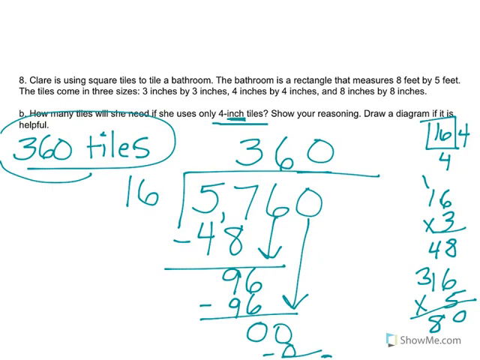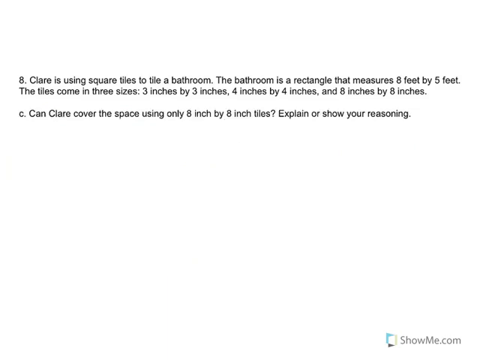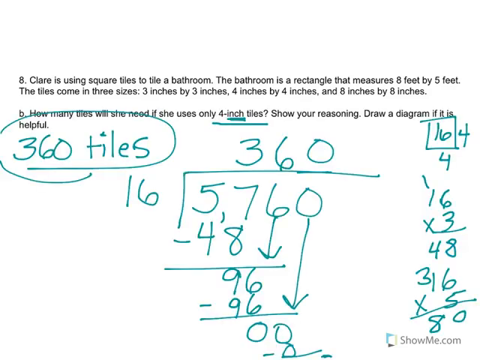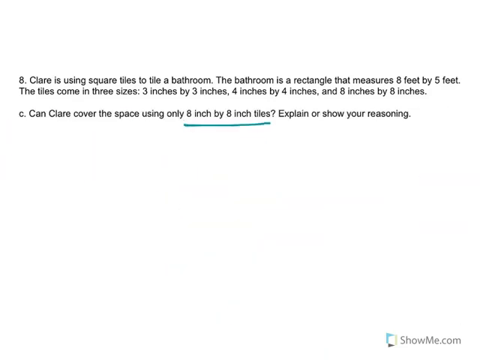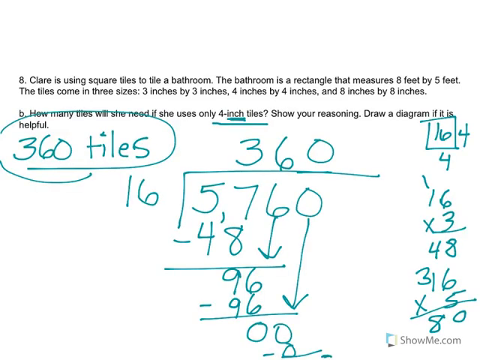Okay, part C. Can Claire cover the space using only 8 by 8 inch tiles? Okay, so again, I'm going to take the area of my bathroom, 5,760.